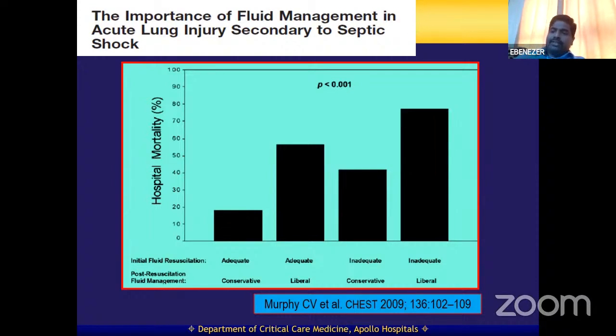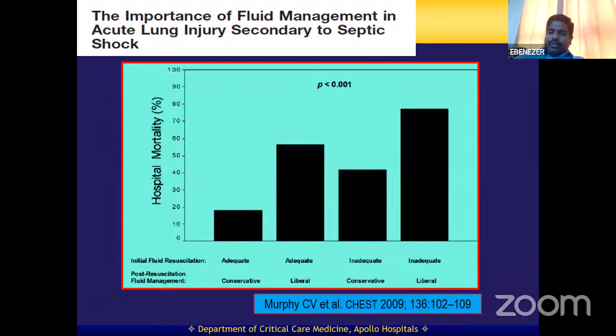Septic patients, whenever they come in, usually they are tachypneic. So when a patient is in respiratory distress, some junior doctors might feel that it is very risky to give fluid. Otherwise, it might precipitate pulmonary edema. So you should understand that tachypnea is primarily because of the underlying acidemia in the patient. Okay. So suppose if you don't give fluids initially, and then later on you pump them with fluids, the mortality is going to be very, very high.